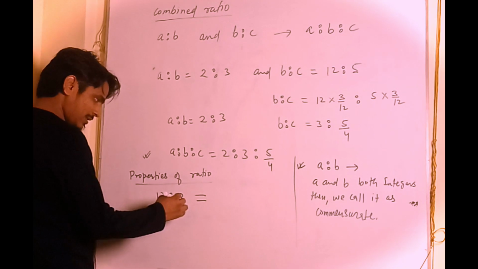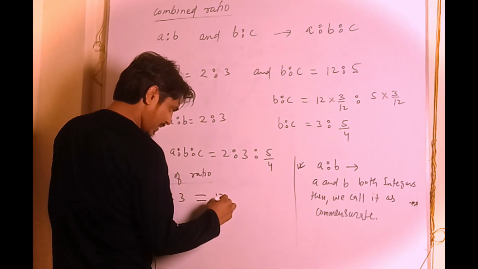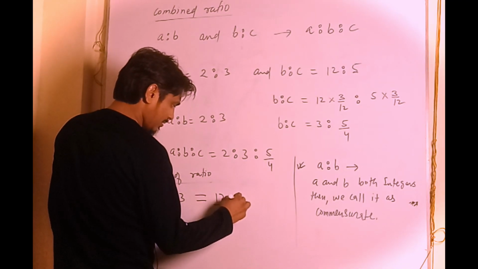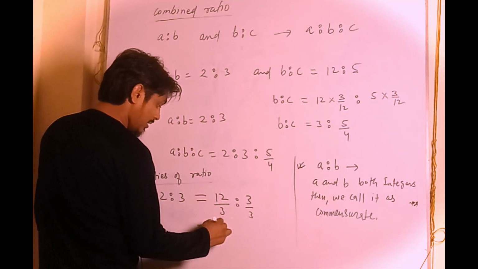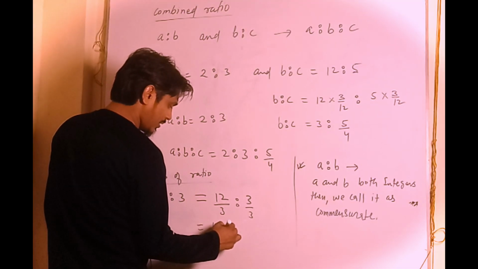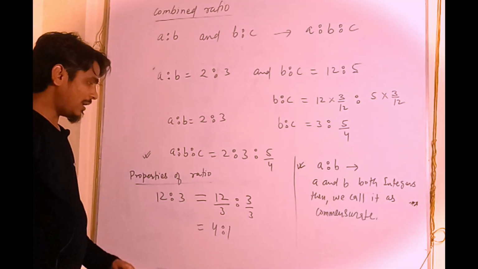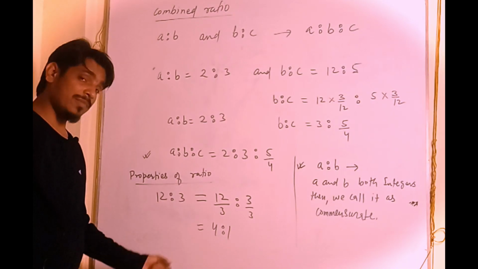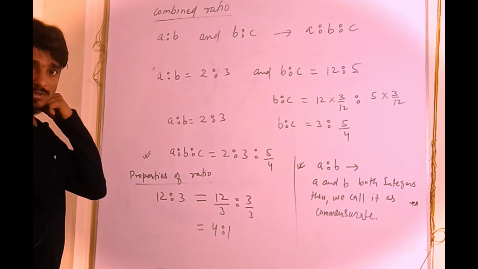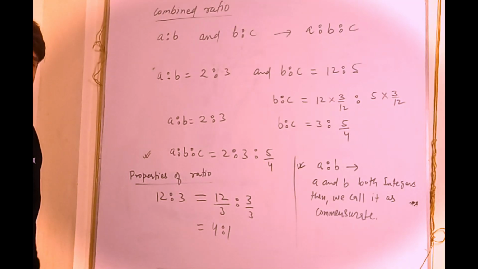So we can get this ratio by dividing by the common factor of both antecedent and consequent. That is going to give us 4 ratio 1. So here, as we find that in the antecedent and consequent we have a common factor other than 1, we can see that this ratio is not in the simplest form.